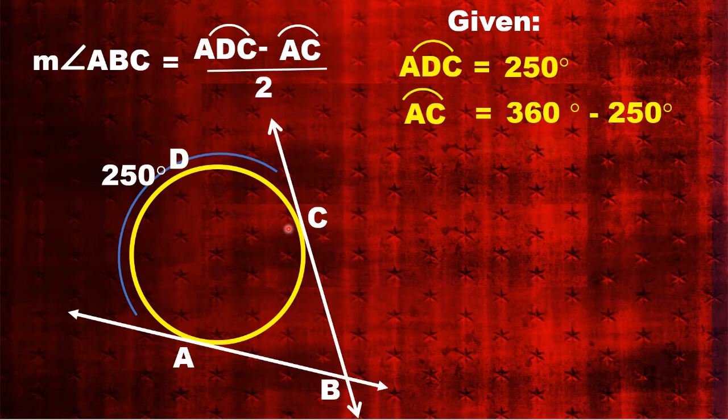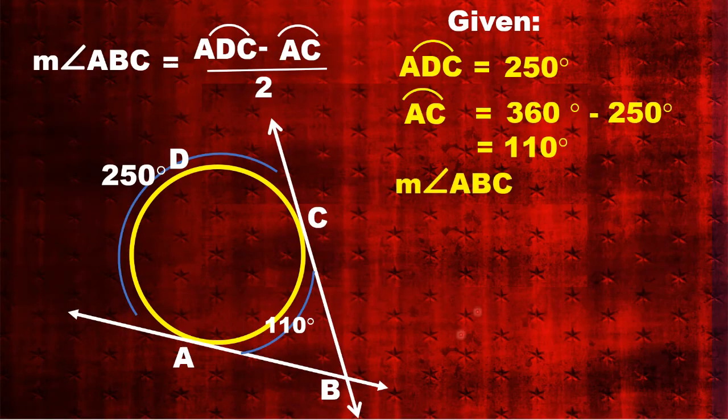Ayan. So, arc AC natin is equal to 110. Kasi nga, di ba, mula dito, mula sa point A hanggang dun sa point C is 250 degrees. Kaya naman, mula point A hanggang point C ulit, yung mas maliit, is equal to yung kabuuan minus yung major arc natin, which is 110 degrees.